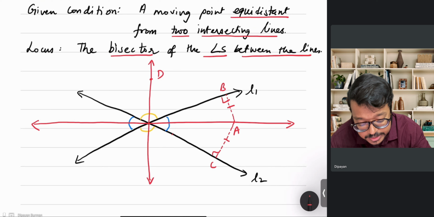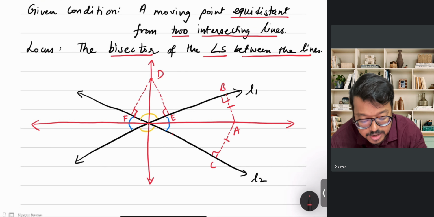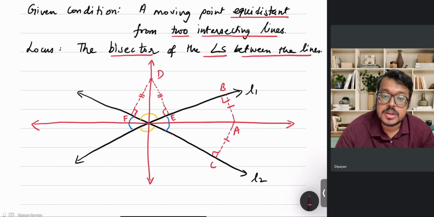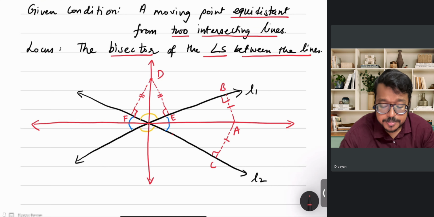If I draw perpendiculars on L1 and L2 and label them E and F, I will see that DE will be equal to DF. So in case of two intersecting lines, the locus of a point which is equidistant from the lines is going to be the bisector of the angles between them.